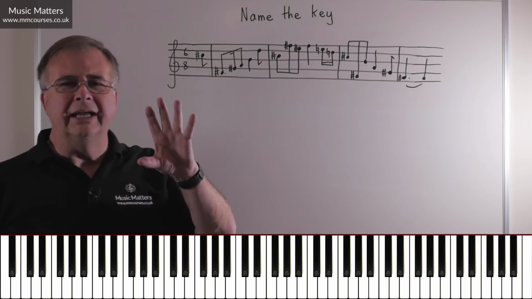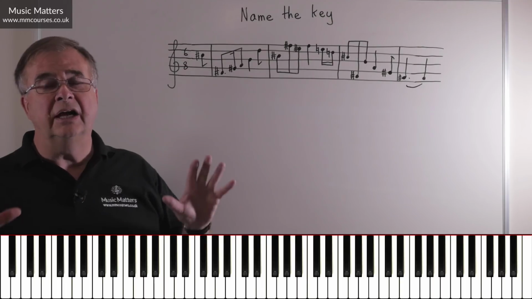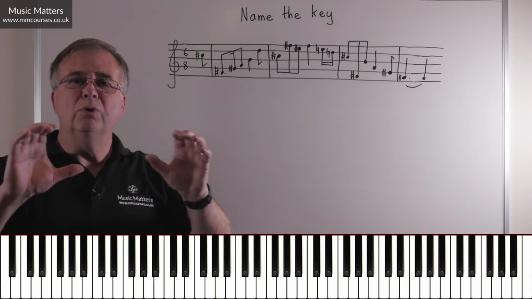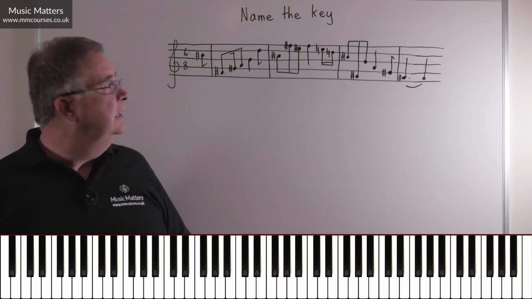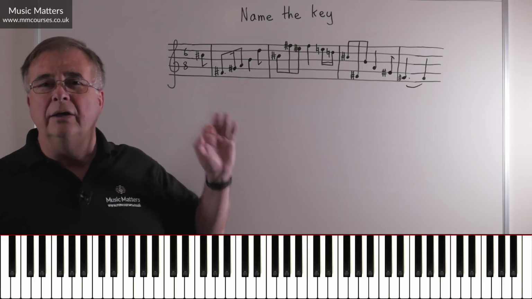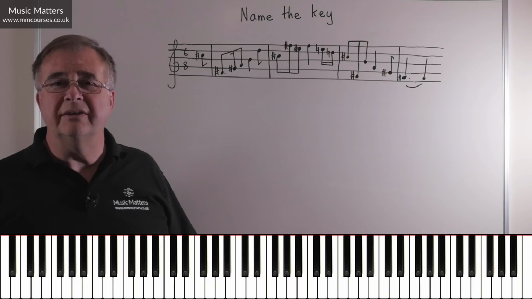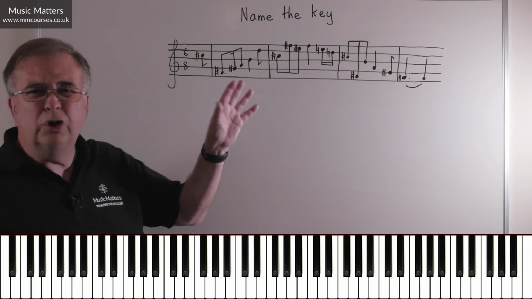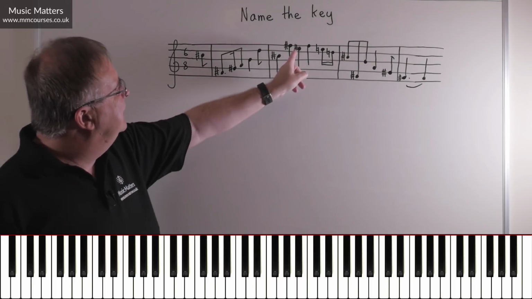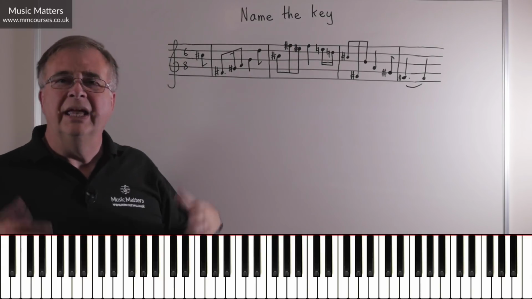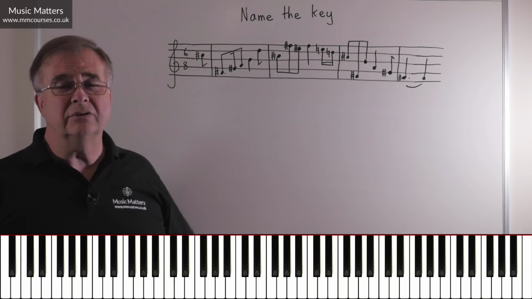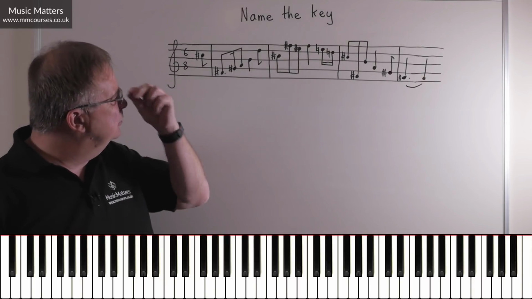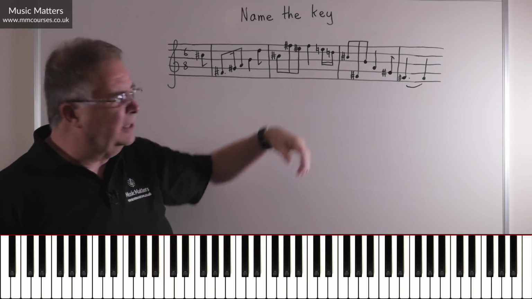It's more likely, this isn't 100% true, but it's more likely that the 7th degree of the scale has been altered. The 6th could well be as well, but there'll be more alterations to the 7th degree than to the 6th. So it could be telling us that E sharp, E natural is the 7th degree of a minor scale.